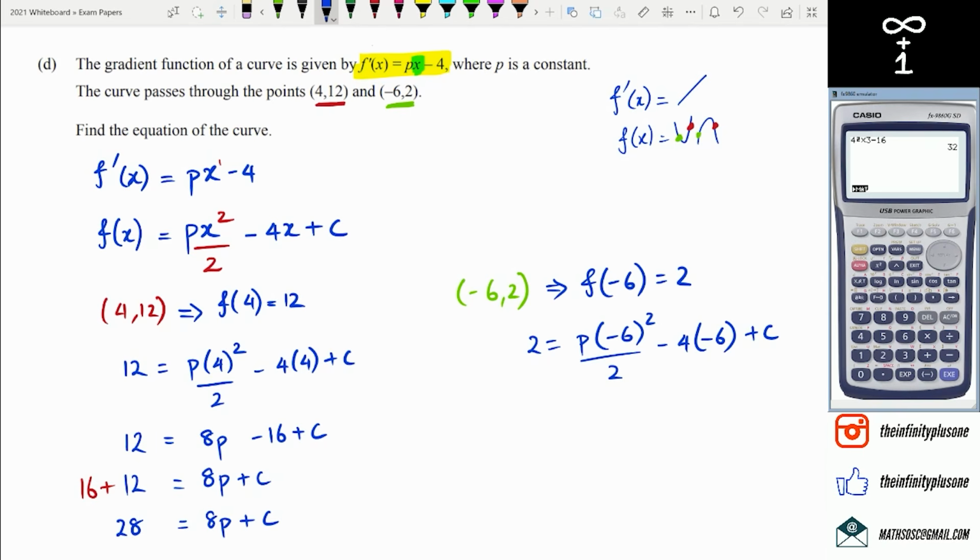Now when we do this, we're going to get 2 is equal to negative 6 squared is 36. 36 divided by 2 is 18, so 18p. And then we've got minus 4 times minus 6, which is positive 24, plus c. We're going to rearrange them, and so we're going to get 18p plus c is 2 take away 24. And so we've got negative 22 equals 18p plus c.